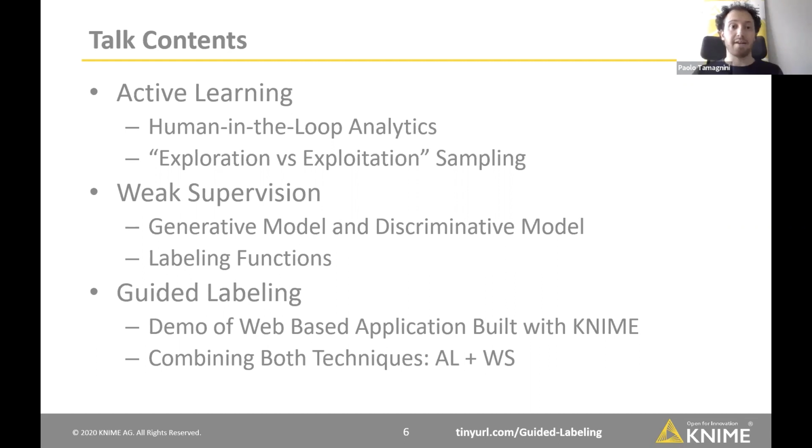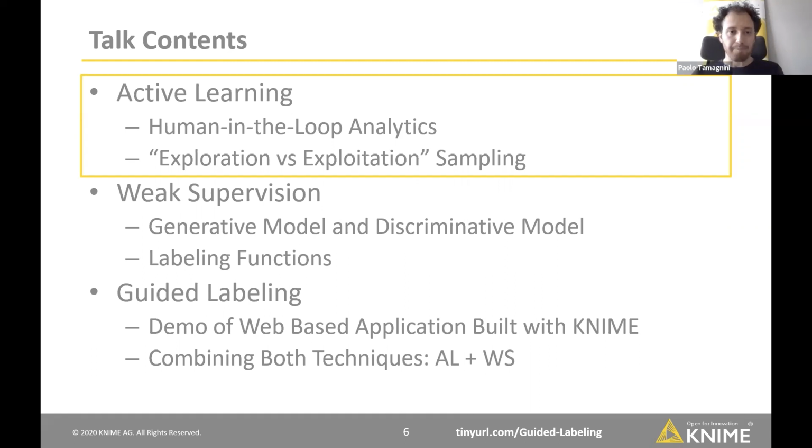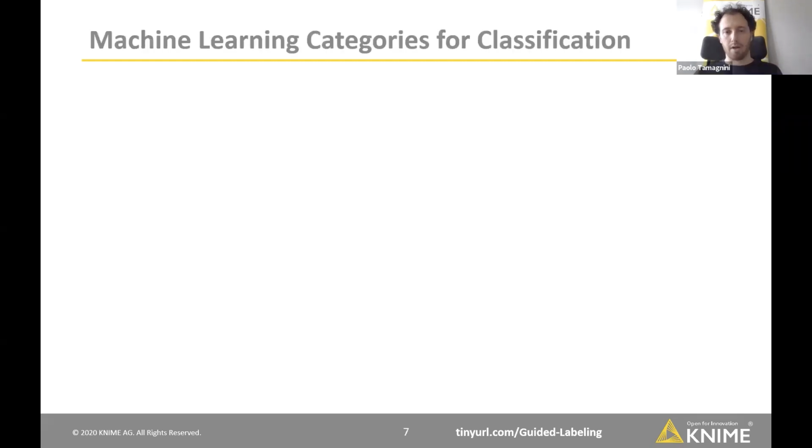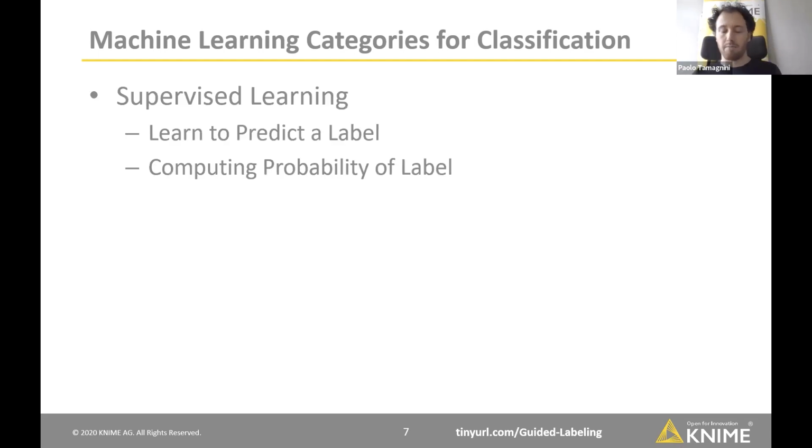All right, so let's start now with the active learning part. Before we can explain what active learning is, let's see where it sits in all these machine learning types of models. You might be familiar with this probably, but let's just have an overview again. Supervised learning: you have labels and you want to learn from those existing labels to predict the probability on some data where those labels are not provided.